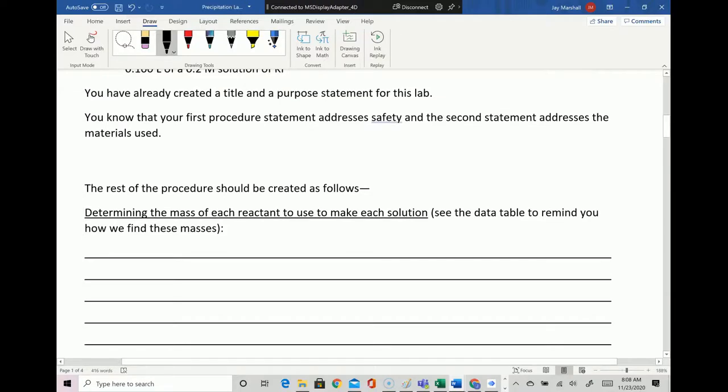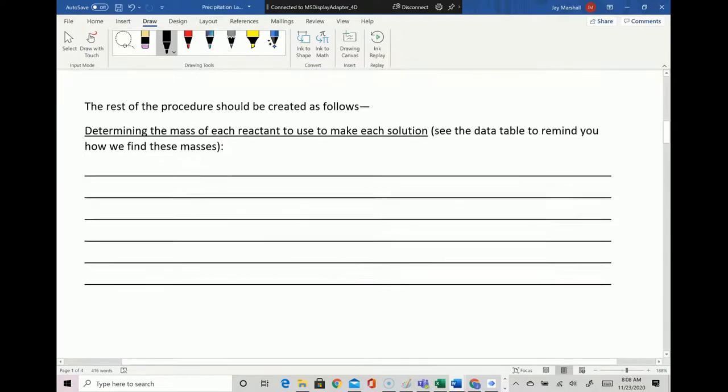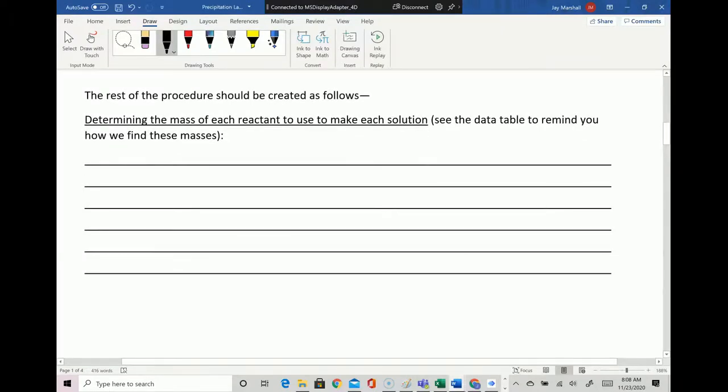You know that your first procedure statement addresses safety, and the second statement addresses the materials used. I'm going to ask you to be thinking about the steps of your procedures as we go through this. I've already made it so that we can actually complete the lab without having an actual procedure in front of you.